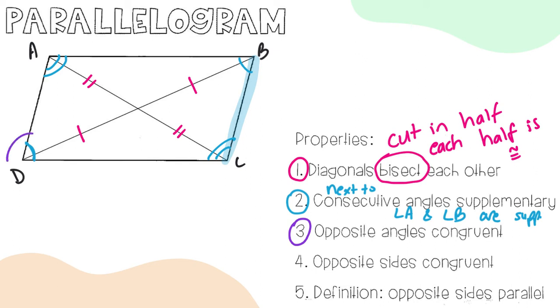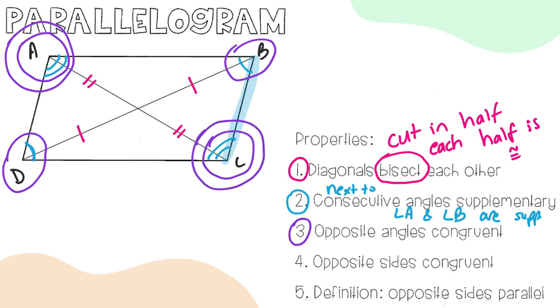So opposite angles are things like angle D and angle B. They are across from one another, and I have angle A and angle C. And we see that they're already marked with this information because I have the one tick marks and the two tick marks. But now we can go ahead and know that that's what that marking means. And so knowing consecutive and opposite, those are important to be able to differentiate, and we'll talk about that more when we talk more about parallelograms.